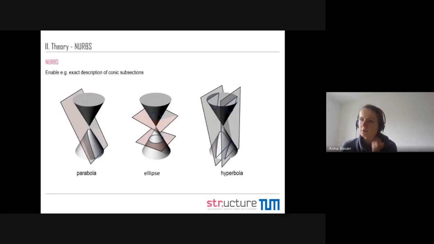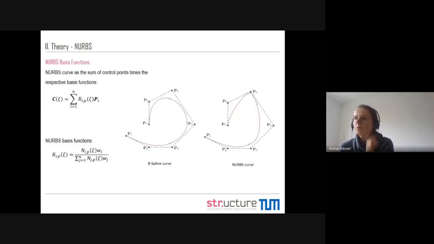Going to NURBS, which is an extension of B-splines. They allow you to model exact shapes like a parabola, ellipse, and hyperbolas. And what they do is they add a weight to the B-spline description. So also in Rhino, you can set a weight on the control points in order to move the curve.